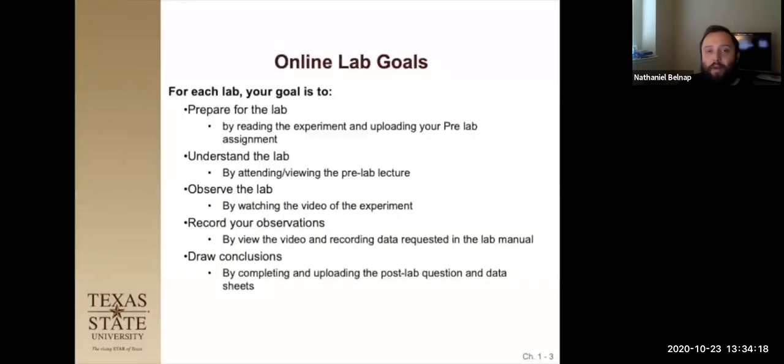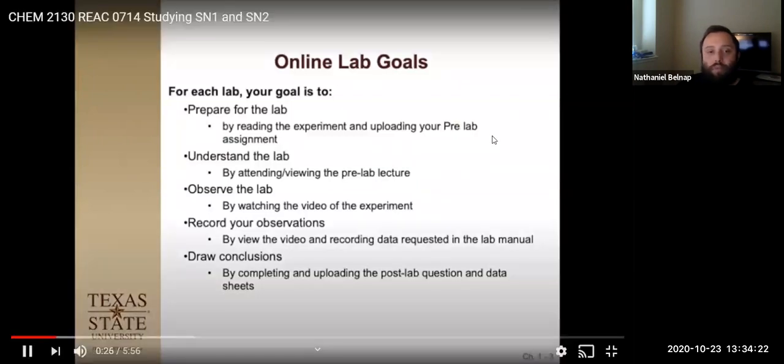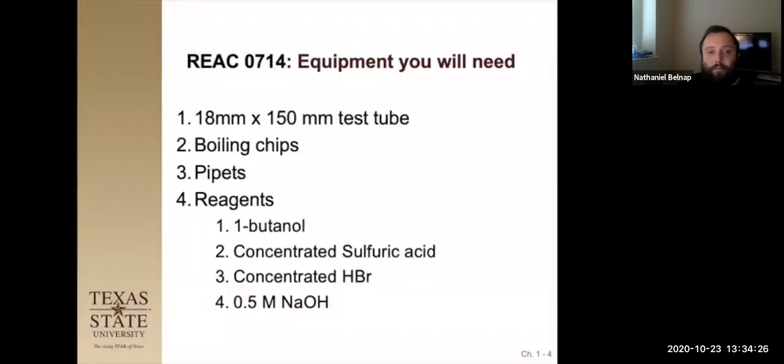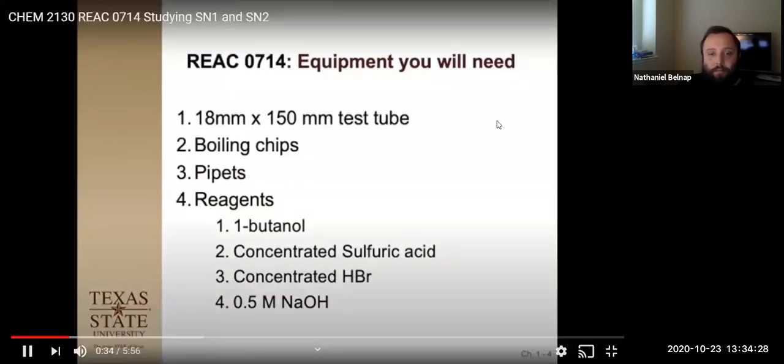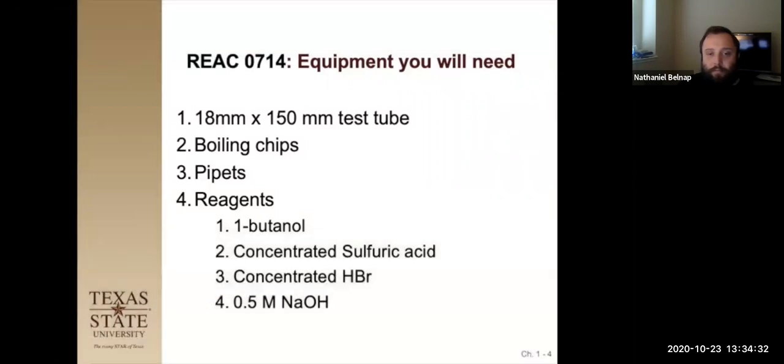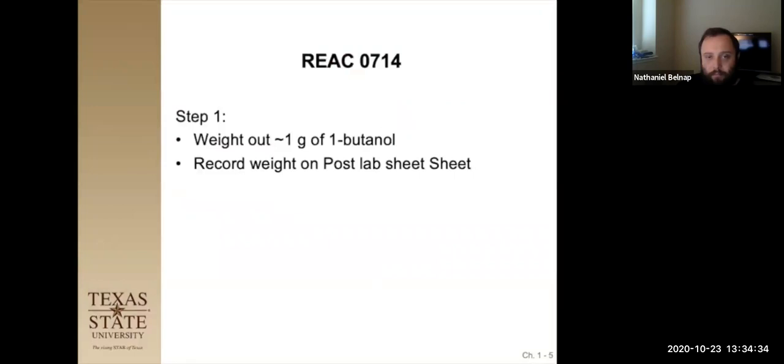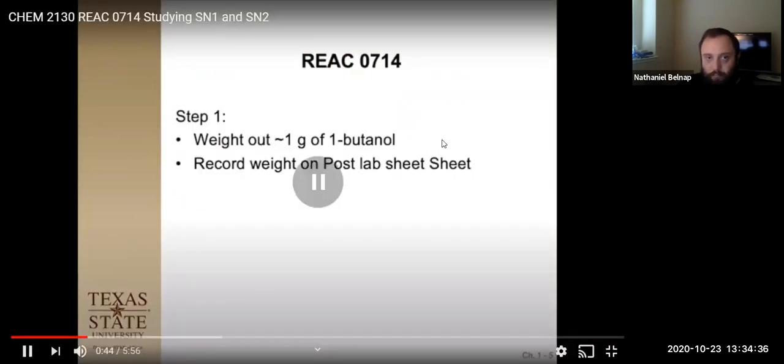And I think it's more for the post lab stuff. So here you're going to weigh 1 gram of butanol. Yeah, it says record weight on post lab sheet. So there is no data sheet per se, but it's for the post lab sheet.